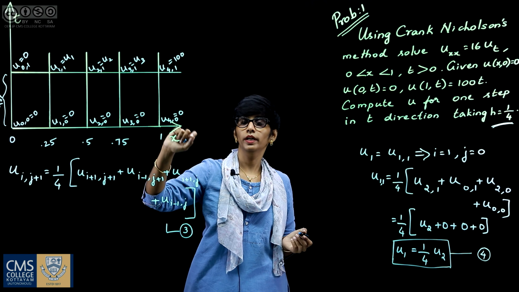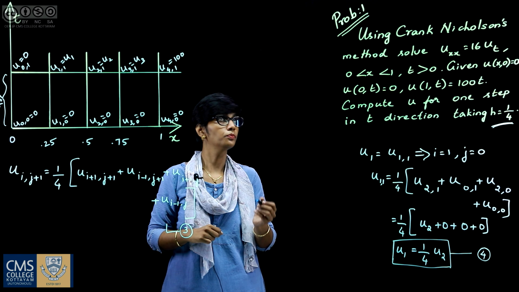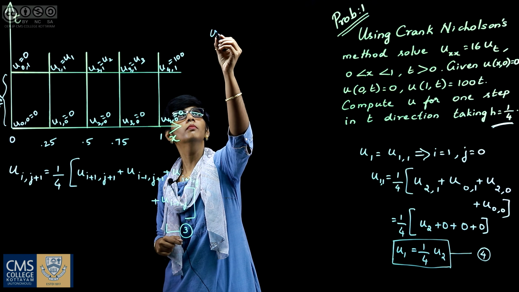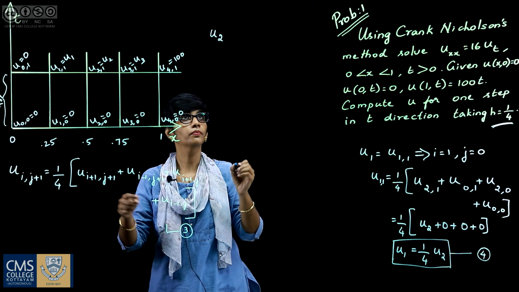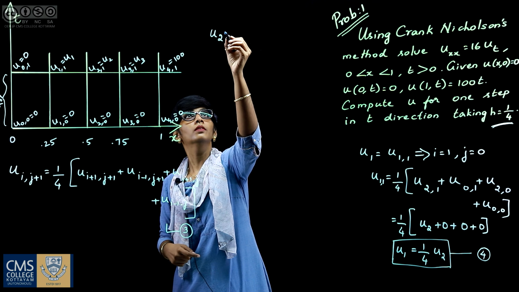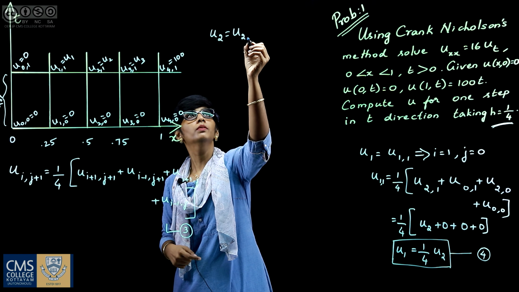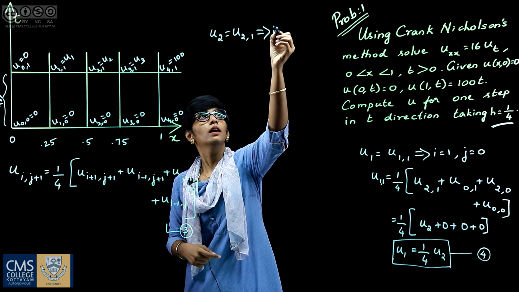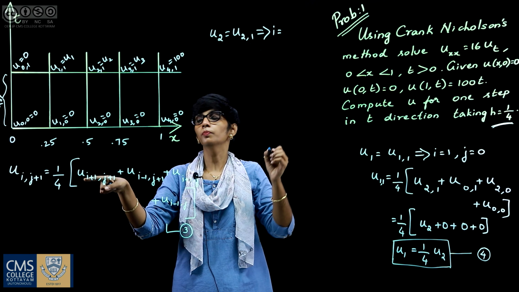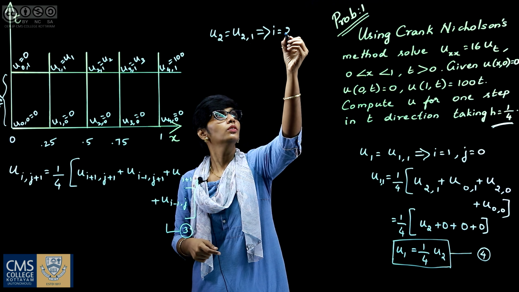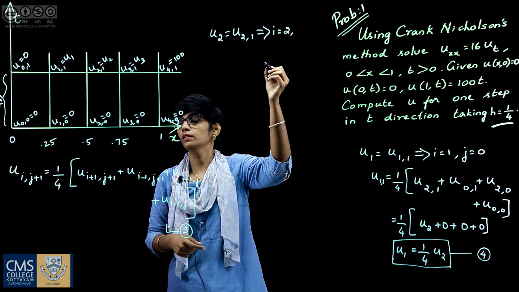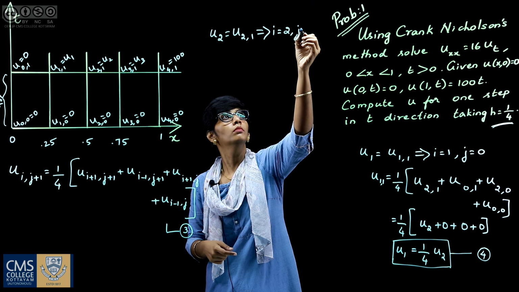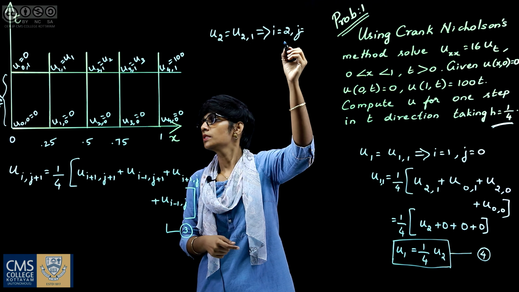Now, we are going to find out the second point u2. For that, u of 2 comma 1, we take i equal to 2 and j equal to 0.